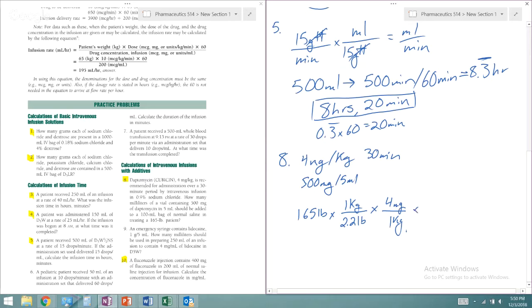And then for every 500 milligrams, we have 5 milliliters. So this works out that you get rid of the pounds, the kilograms, and the milligrams, and then you just end up with milliliters, and you find that it is 3 milliliters you need to add to your 100 mL bag.